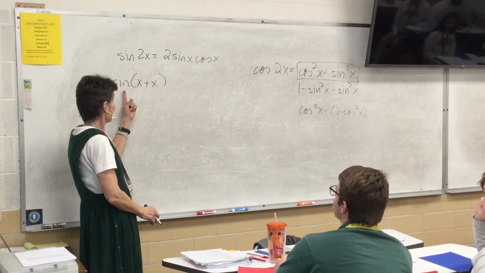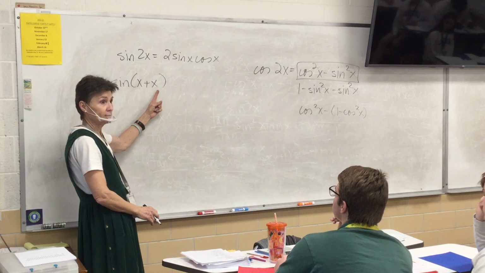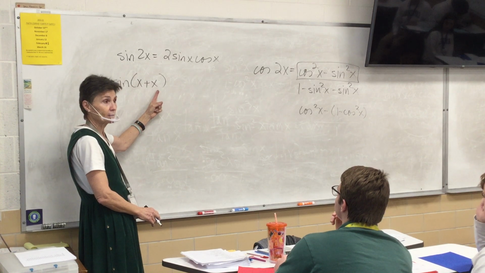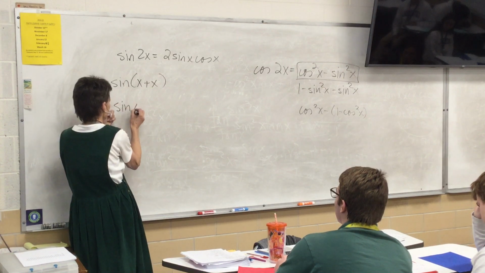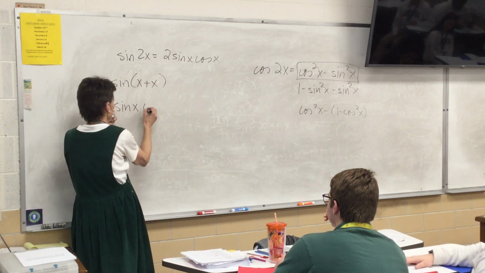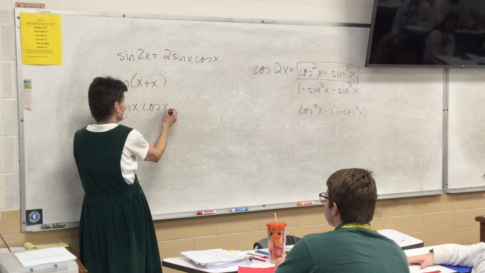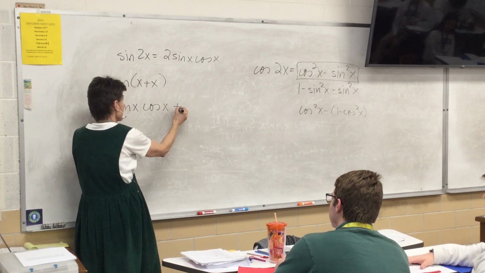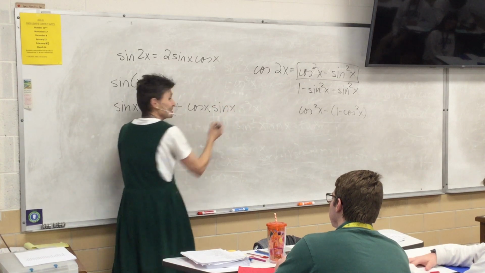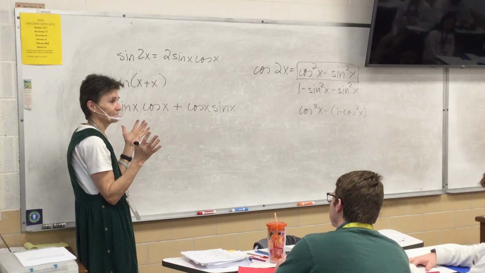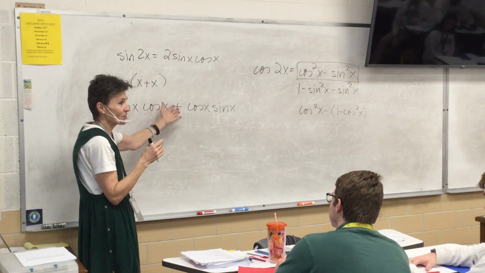And now I'm going to do my sine alpha plus beta identity, which says take sine of the first, cosine of the second, plus cosine of the first, sine of the second. You see? These match, right?